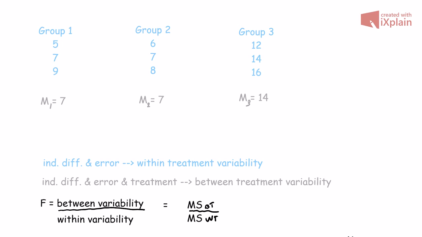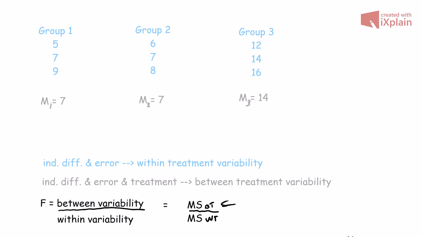It's sort of the average variability across the different groups. And the mean square within treatment, that's sort of the average variability within the treatments. So this is sort of the average error variance or average sampling error.